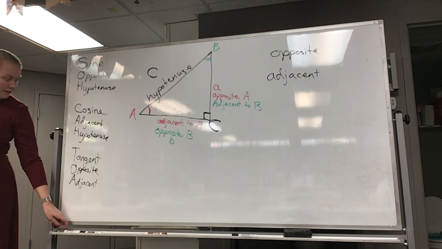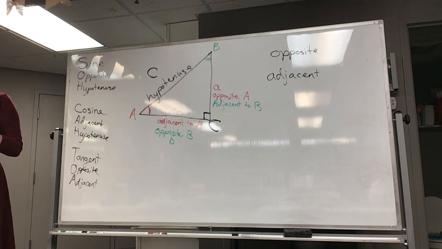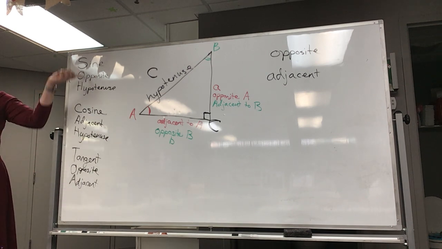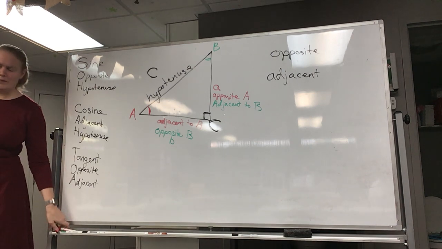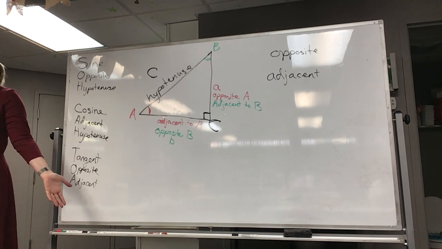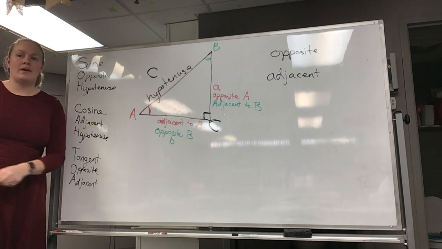So again, these don't mean a whole lot by themselves. Sine, well, it means opposite over hypotenuse, but again, you need that point of reference. And so it's never just going to be sine equals a number. That does not exist. It's the sine of something.